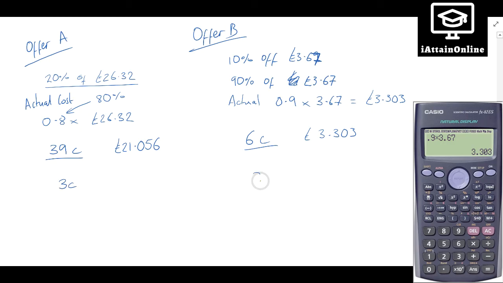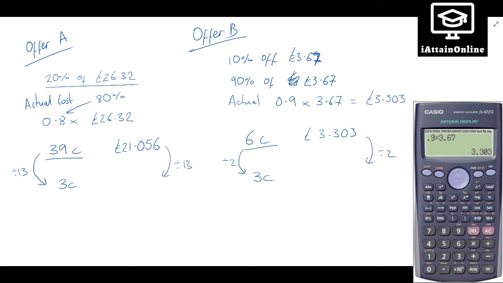You could find the cost of 1 if you wanted. So how many 3s are there in 39? We are actually dividing by 13 here. So I would need to do the same over here as well, and then over here, I'm dividing by 2.